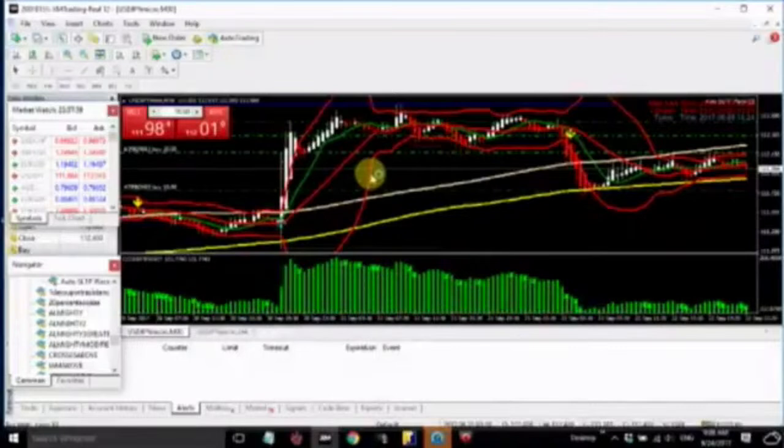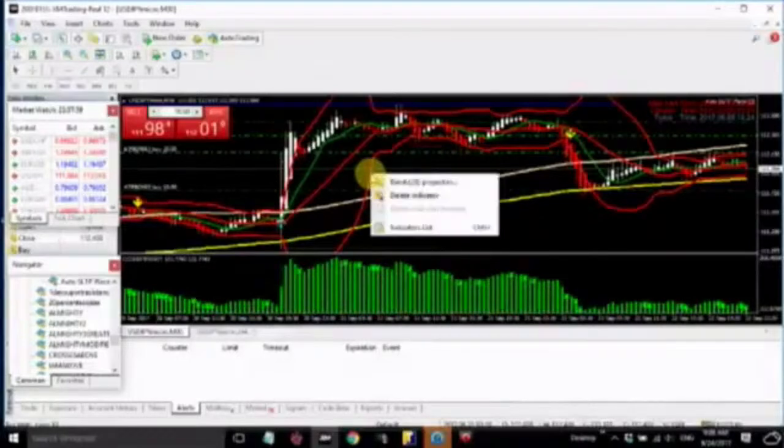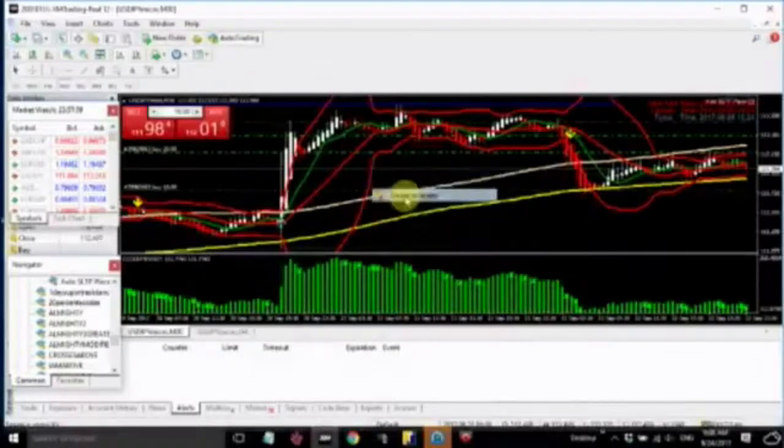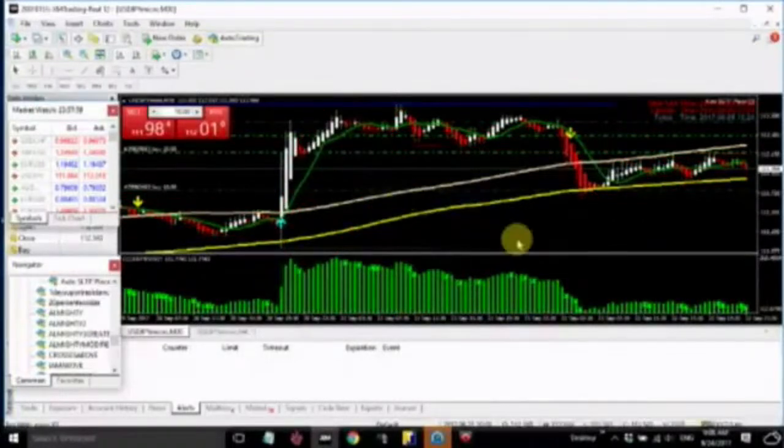For example, if I remove the Bollinger Band right now, and the price jumped from this moving average period 200 and now it's flat here, and now it got here, I think you're going to be confused when you see this kind of move.